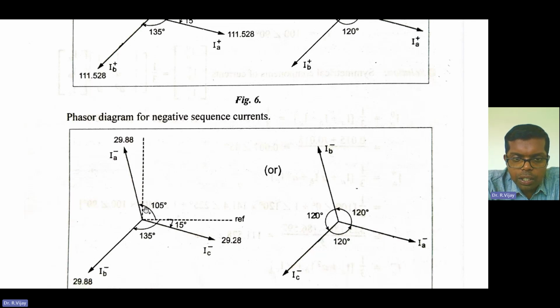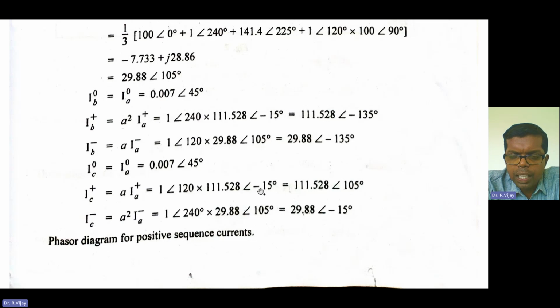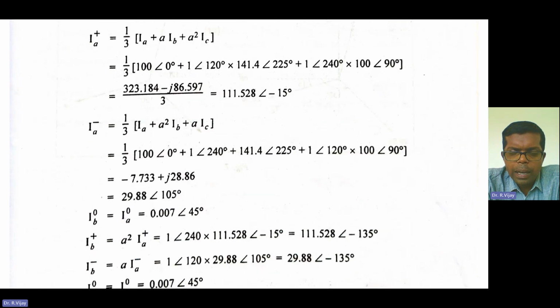So with reference to this, this is plus 105 degrees. We have approximately drawn this as plus 105 degrees. You can draw with a protractor, or approximately also you can draw, but just ensure that the three phases are 120 degrees apart. So here IA negative is plus 105 degrees.